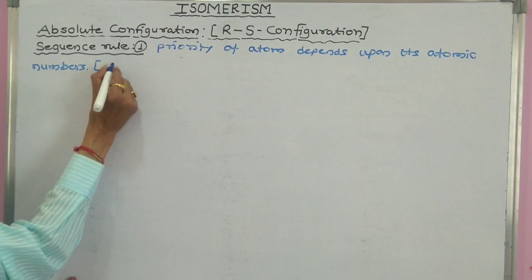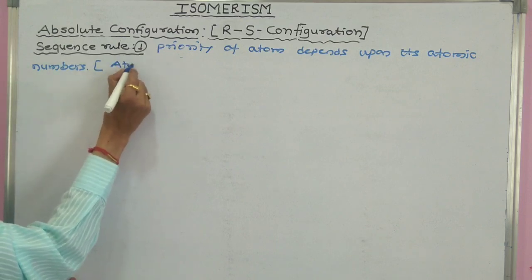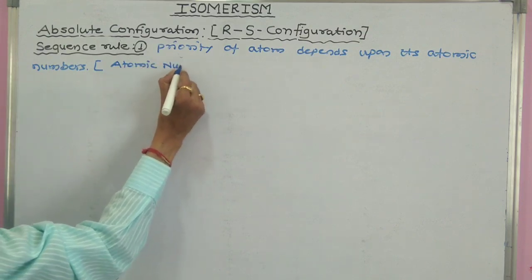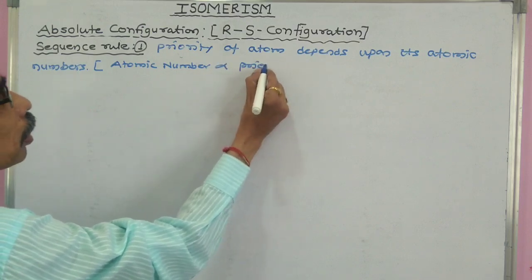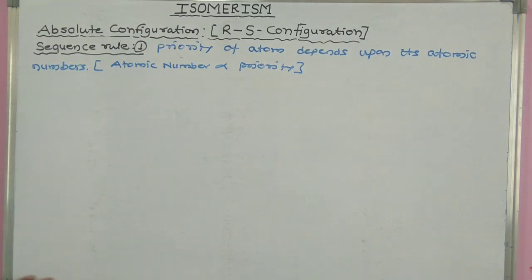That is, atomic number is directly proportional to priority. The higher the atomic number, the higher the priority.